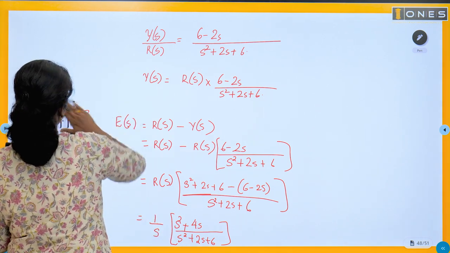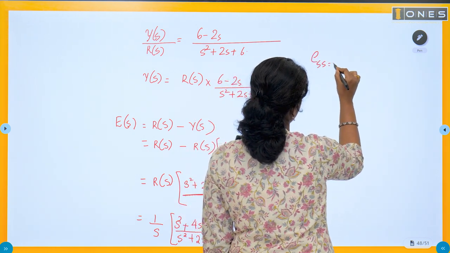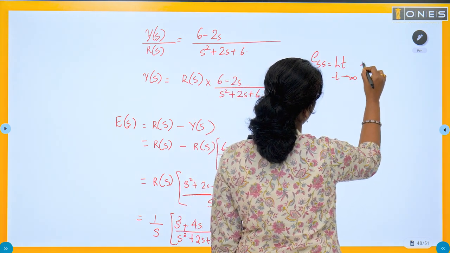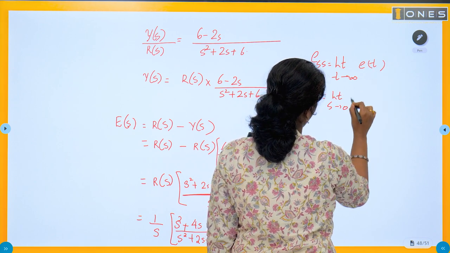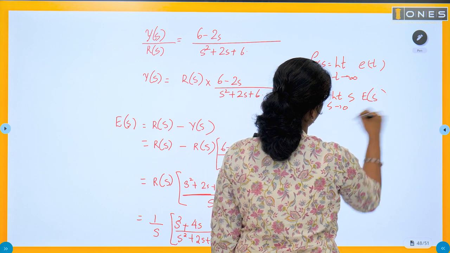And how do we find the steady state error? It is the limit as t tends to infinity of e of t, that is the limit as s tends to 0 of s into E of s, by the final value theorem.